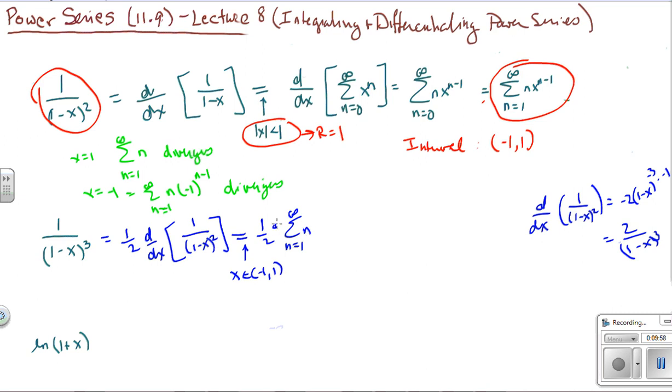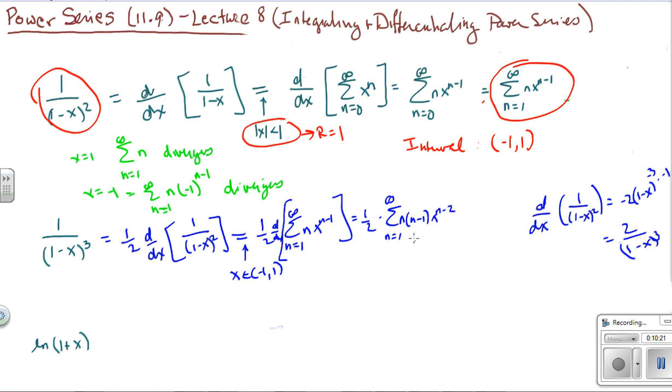sorry, d dx of this, of the sum n x to the n minus 1. And that's going to be 1/2 times the derivative of each of the terms, which is n times n minus 1, x to the n minus 2.